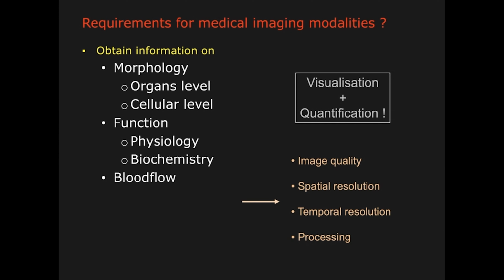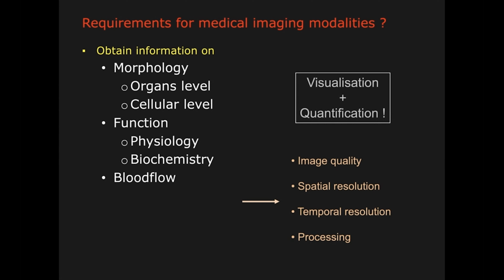But besides visualization, what you see more and more, especially for follow-up or for assessing the severity of disease or changes, is that we need to quantify images. Quantification can be at these different levels. It could be that we want to quantify, for example, the size of the liver for somebody with liver disease, but it could also be that we have to quantify tissue properties which are related to cellular properties.